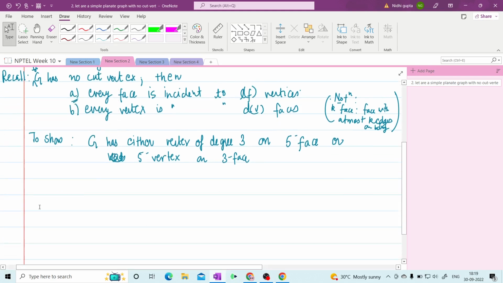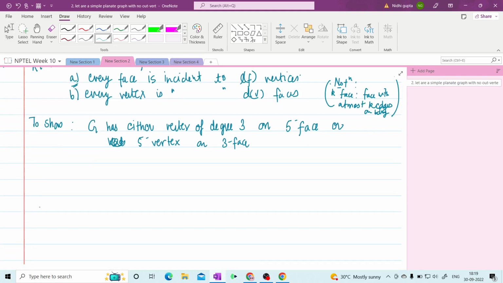We use the discharging method for this. So how do we show such a result using the discharging method? First, we generally prove it by contradiction. Assume the result is false. If the result is false, then what can we say?